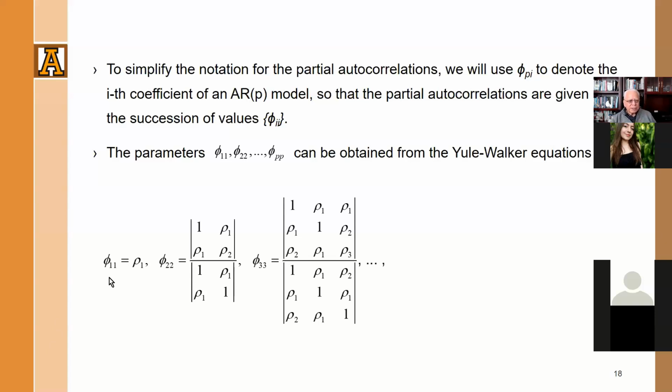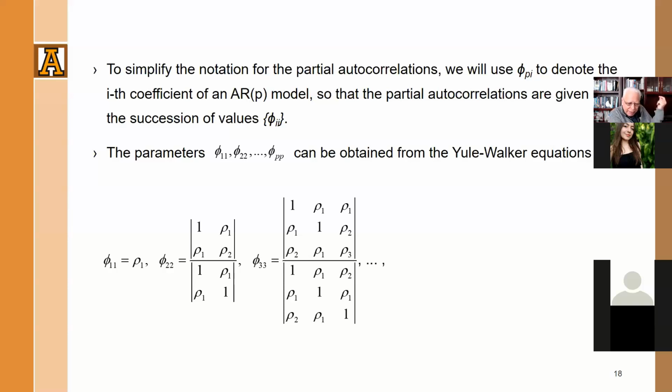So the first partial autocorrelation is rho_1, the lag 1 autocorrelation. Phi_{22} is going to be the ratio of these two determinants, where I have 1, rho_2 on the diagonal and then rho_1, rho_1.